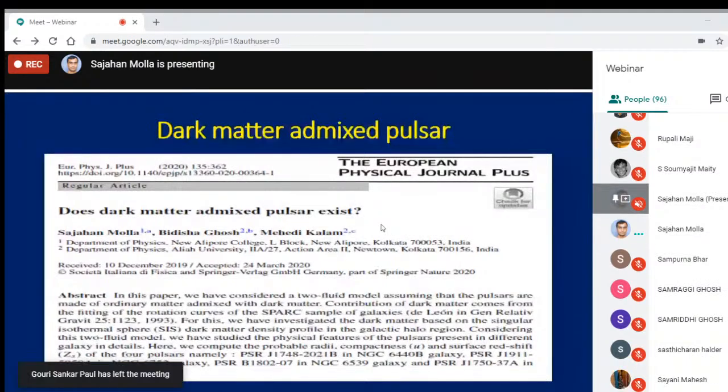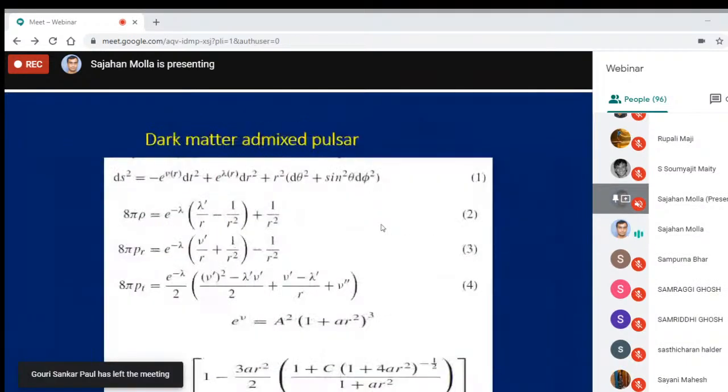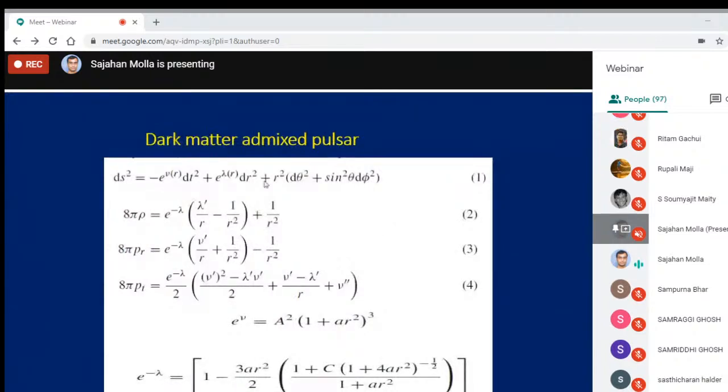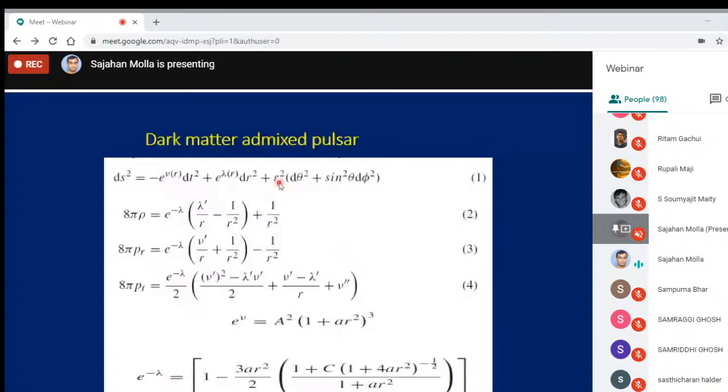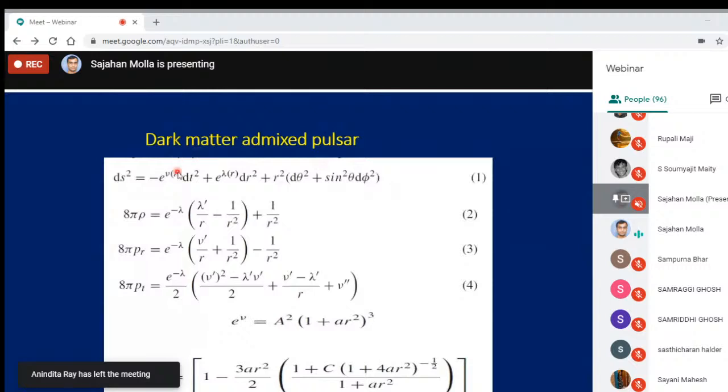In this study, we have taken the Einstein field equation. Here I have shown, in equation number 1, the Einstein field equation. If we take the metric in this form for a spherically symmetric fluid sphere, since a star or pulsar is a fluid sphere, we get equations 2, 3, and 4 from the Einstein field equation.